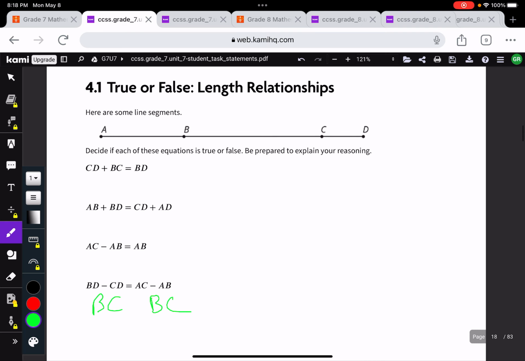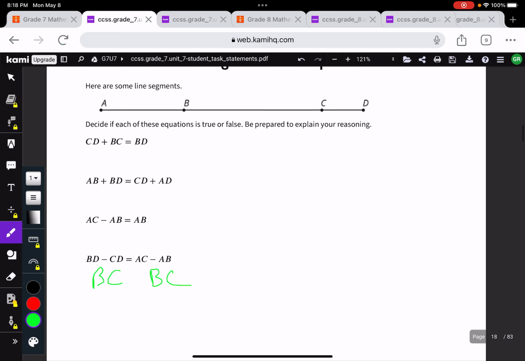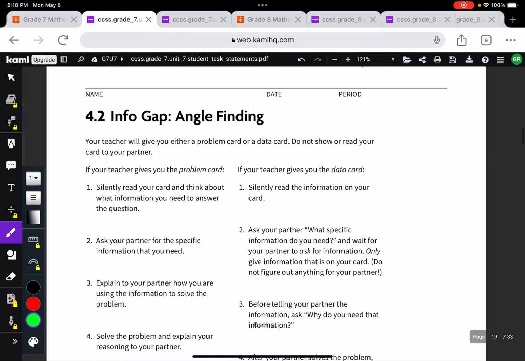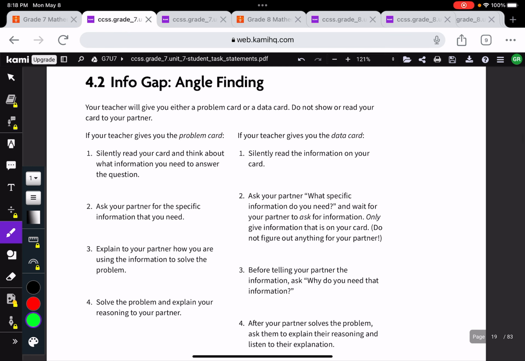All right. That is a warm-up because, believe it or not, that was just line segments, but everything we're doing is very relevant for finding missing angles. So this first activity is an info gap.